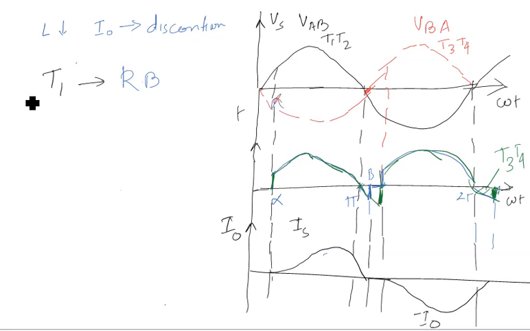If my inductor is very large, that is continuous conduction, I naught is continuous. I have already told you, when I naught is continuous, the shape of I naught will be square shape, right?